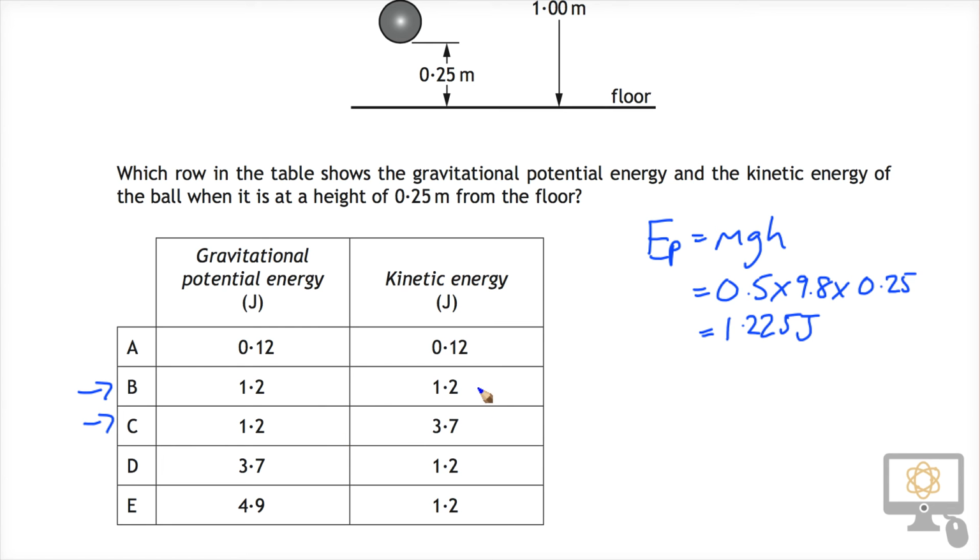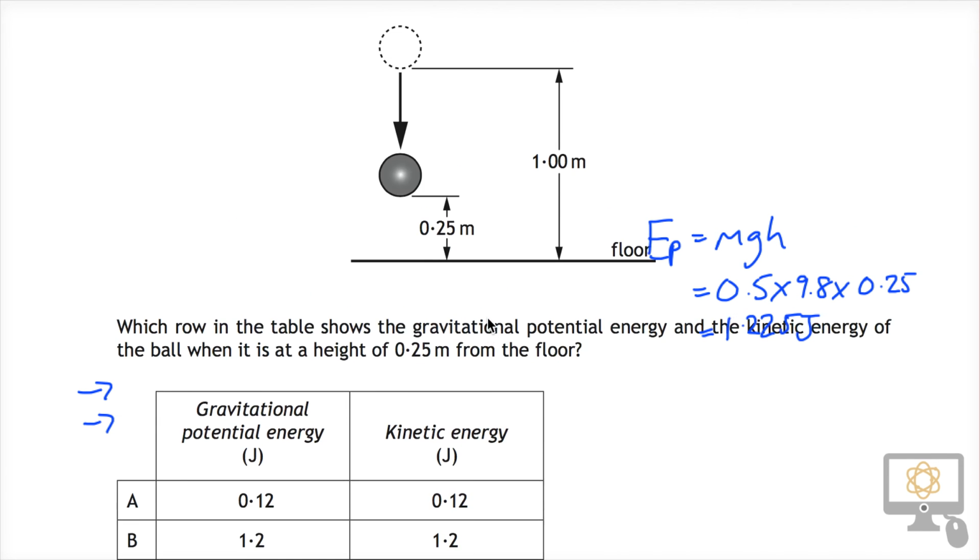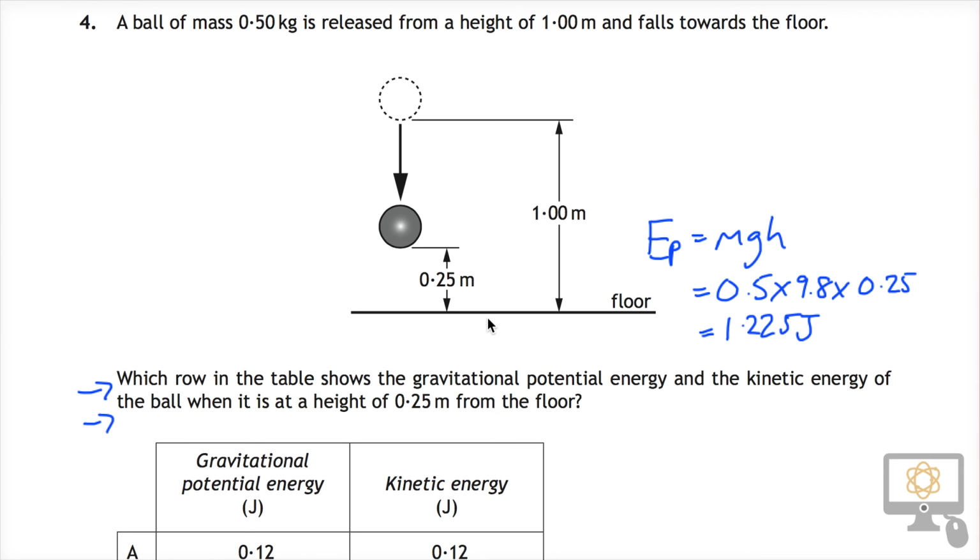Right, so then the next thing is the kinetic energy. What's the value of the kinetic energy at 0.25 meters off the ground? And this is where it gets quite tricky. The way to solve this is to think about how much kinetic energy the ball has gained as it's fallen 0.75 meters.